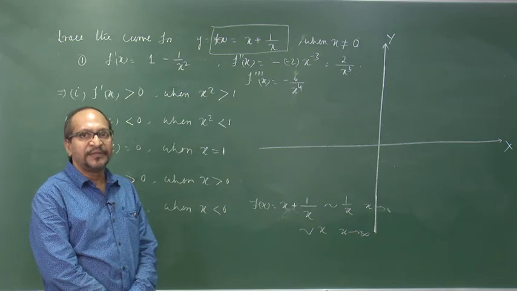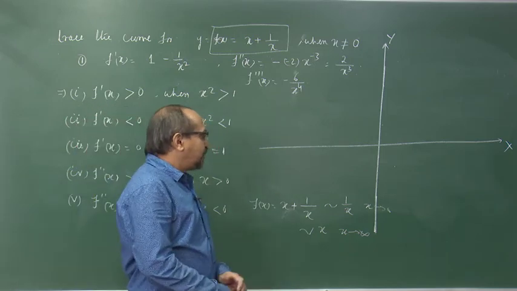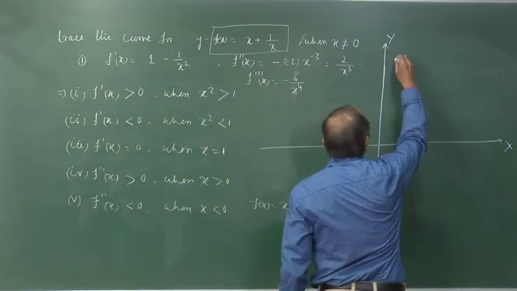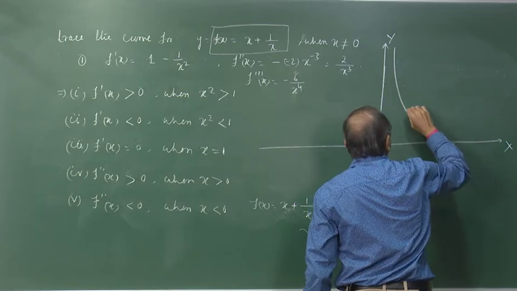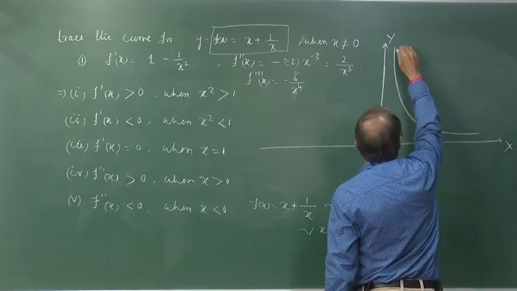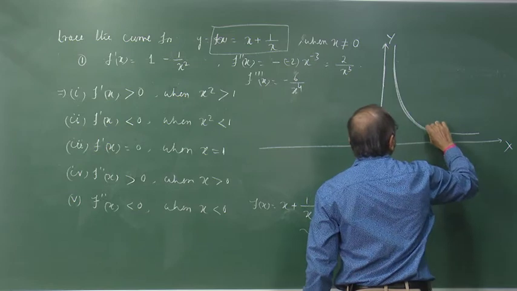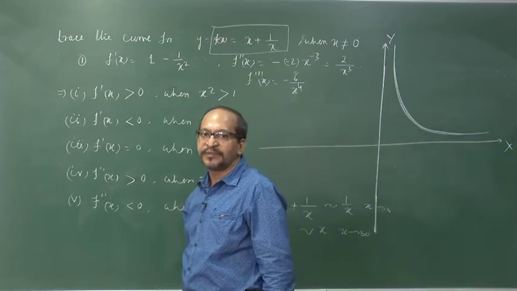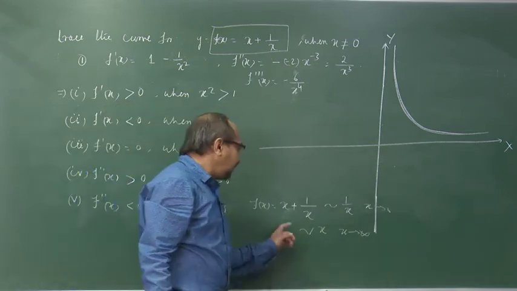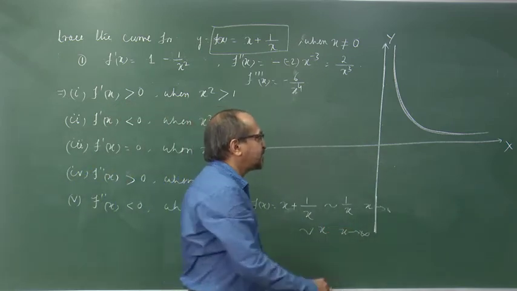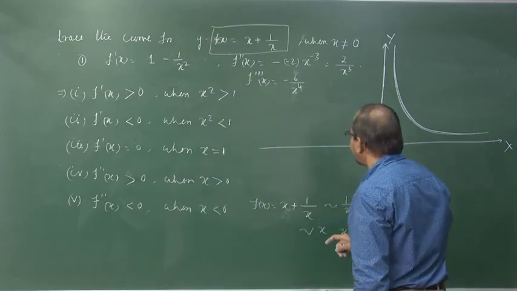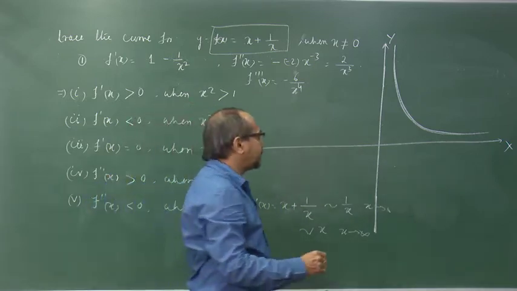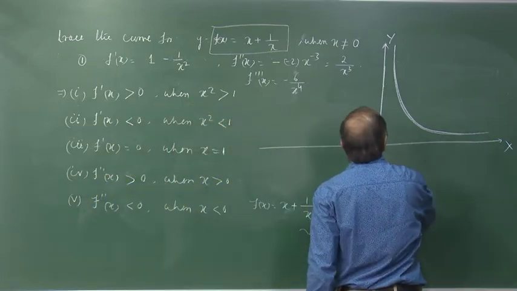Okay. So, for x near 0, the curve is like 1 by x, which is a rectangular hyperbola. And for large values of x, the curve is f of x is equal to x. So, the f of x is equal to x curve is a straight line.